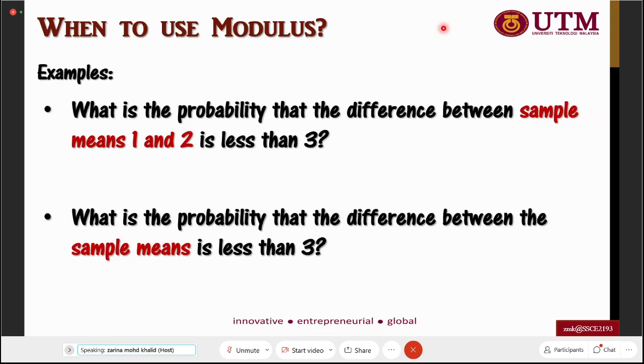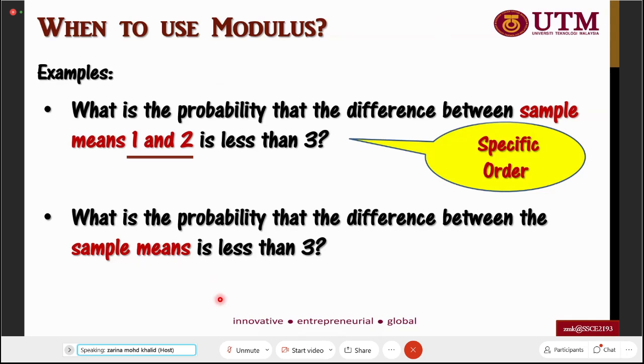Here you need to think about which one to use the modulus. For the first one, the difference that we are talking about has a specific order. You want a difference between sample 1 and 2, so it has to be x bar 1 minus x bar 2.